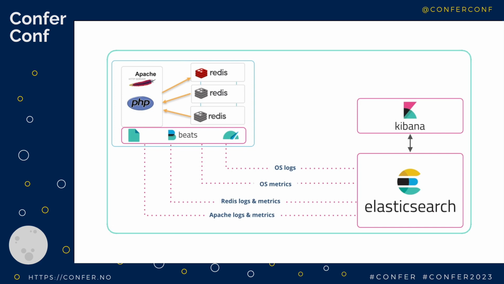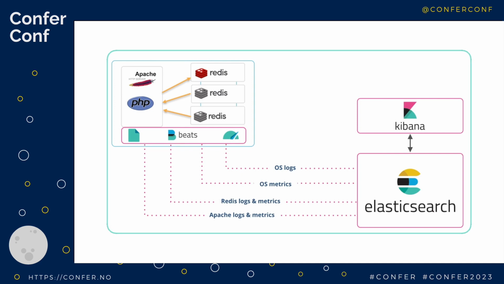So you have your application that should be generating logs. The Apache server is generating logs. The Redis database is also generating logs, and even the operating system, the container where you are running all that stuff, are generating logs.